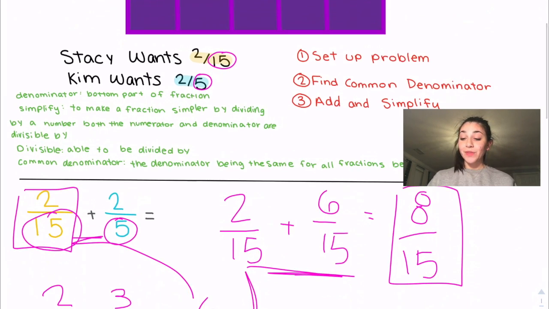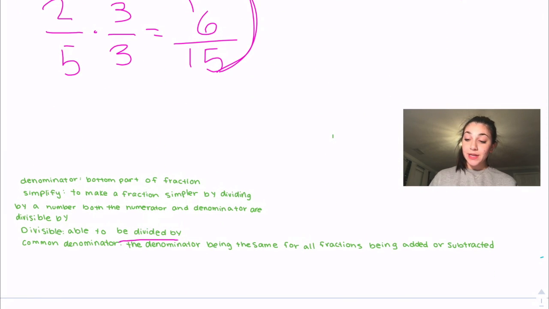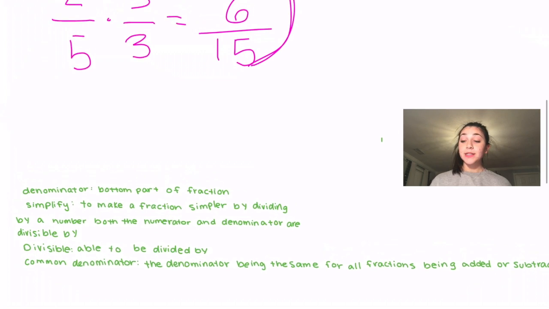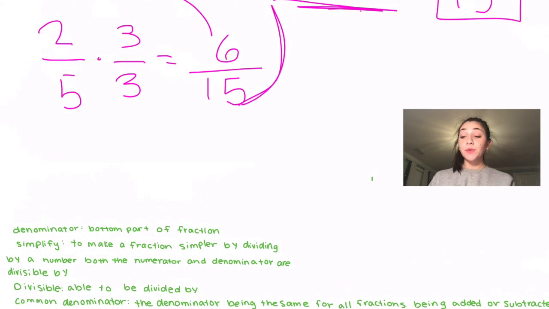And yeah, so some of the words we should be noting in this: the denominator is the bottom part of the fraction. Simplify is to make a fraction smaller using a number they are both divisible by. Divisible is able to be divided by, so in the same way 6/15, they can both be divided by 3.